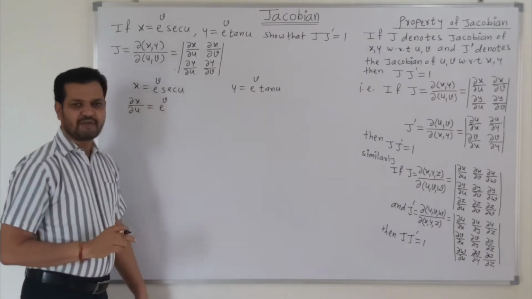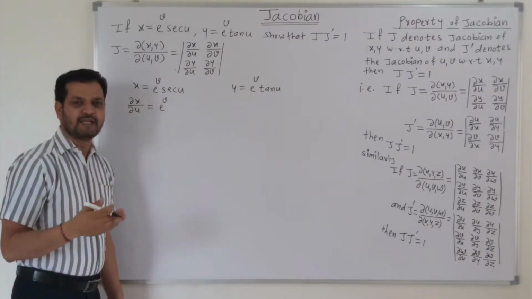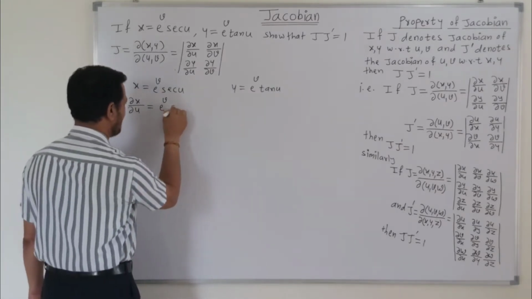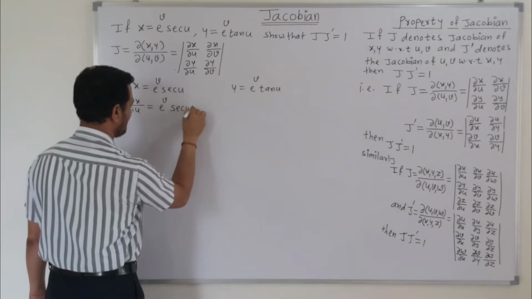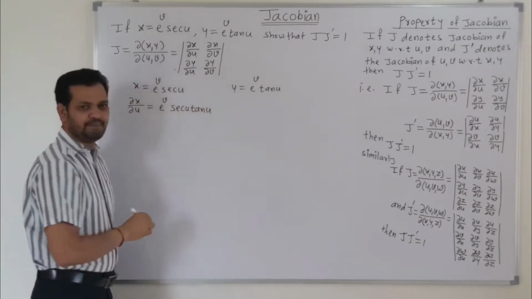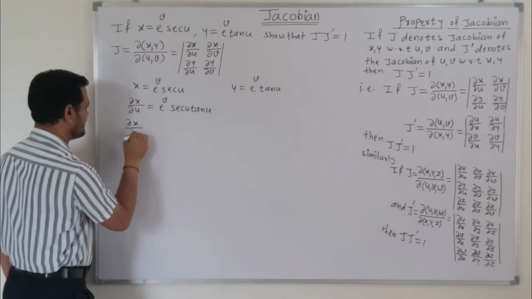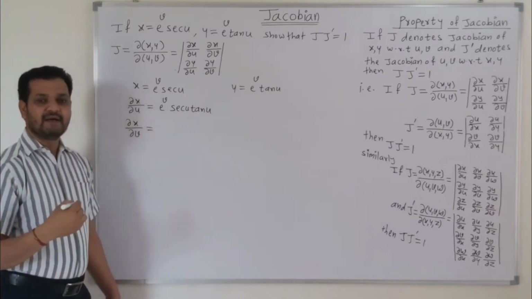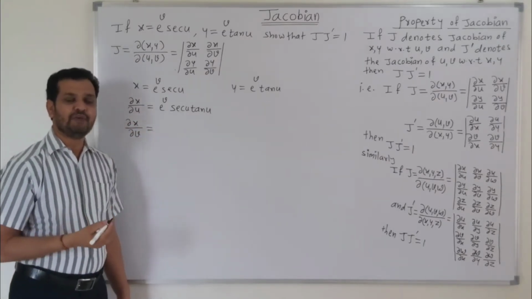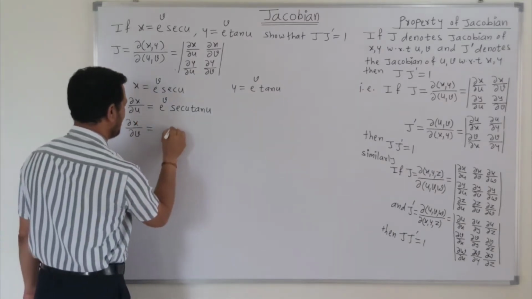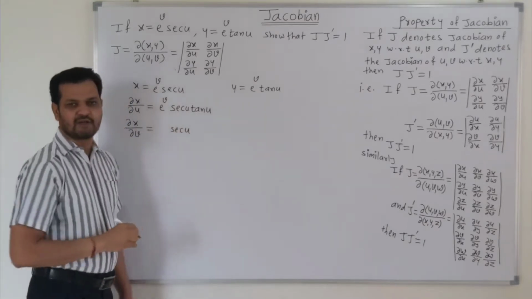Then the derivative of sec u, we know that the derivative of sec x is sec x tan x. According to that formula, we can write this as sec u tan u. Then once again take the partial derivative of x with respect to v. When we take the partial derivative with respect to v, u is constant, so the value of sec u is constant.